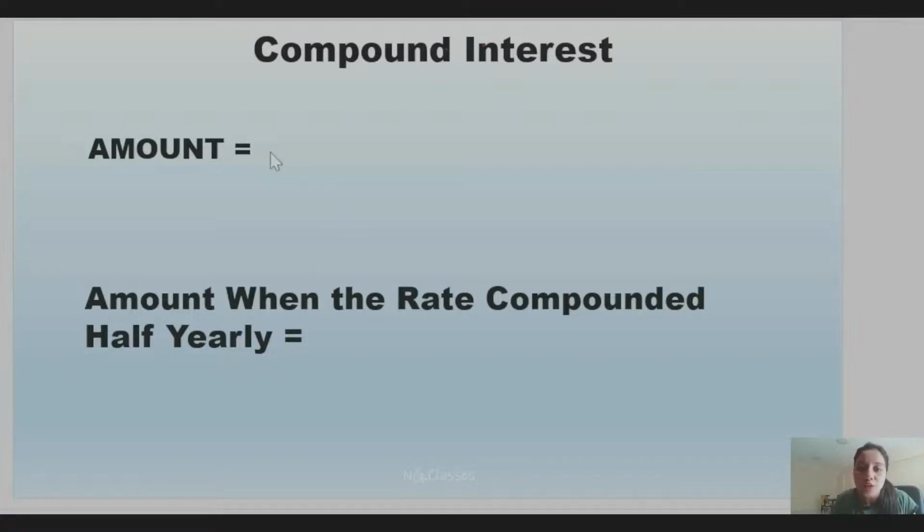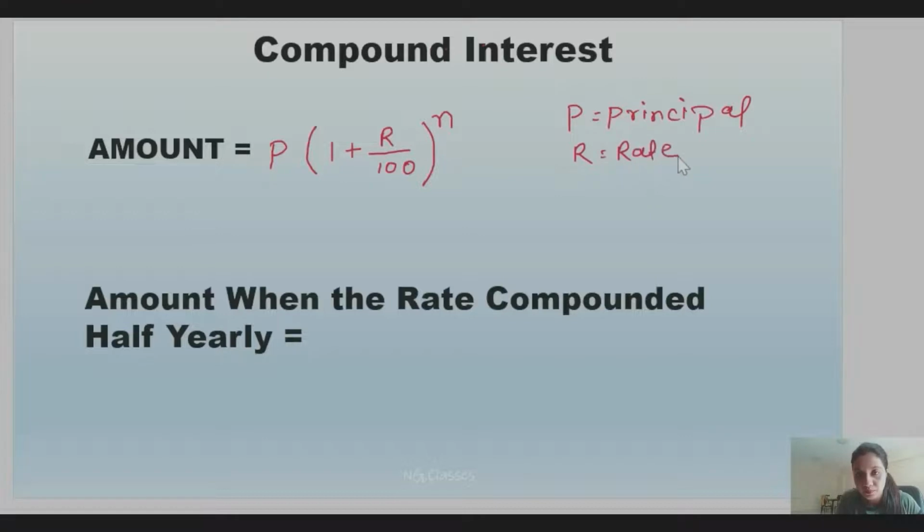So the formula for amount is principal in bracket 1 plus rate by 100 bracket close whole power n. Here P is the principal, R is the rate, and n is the time period.